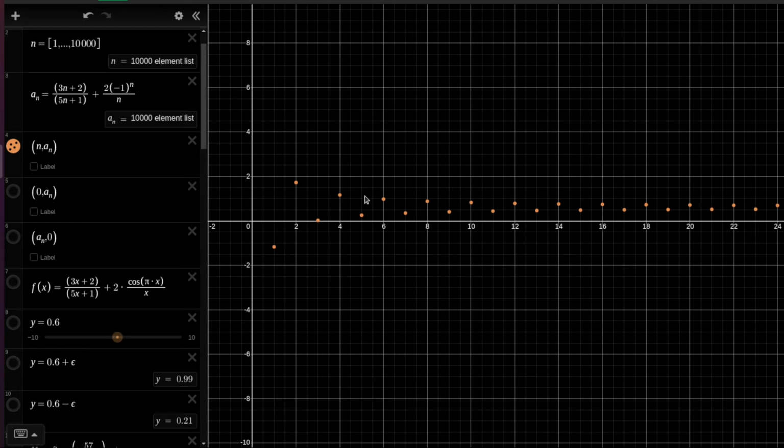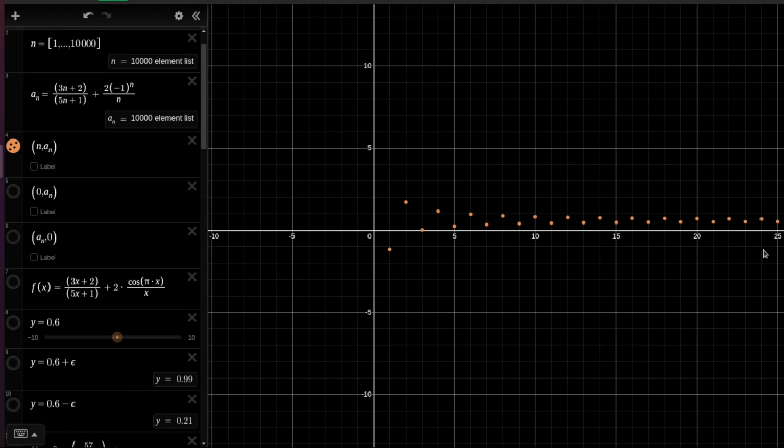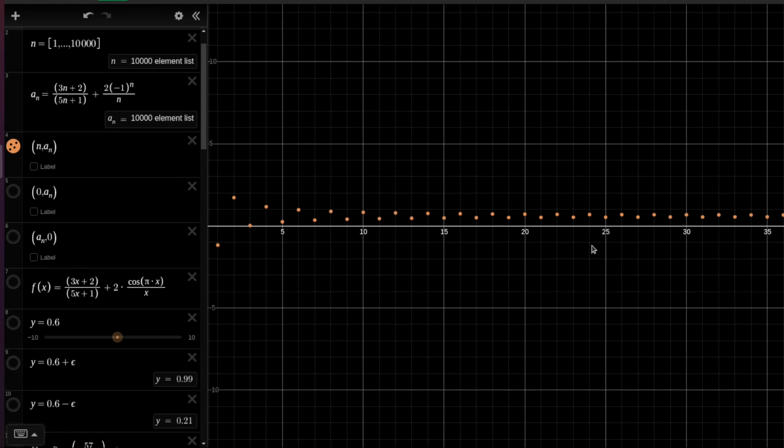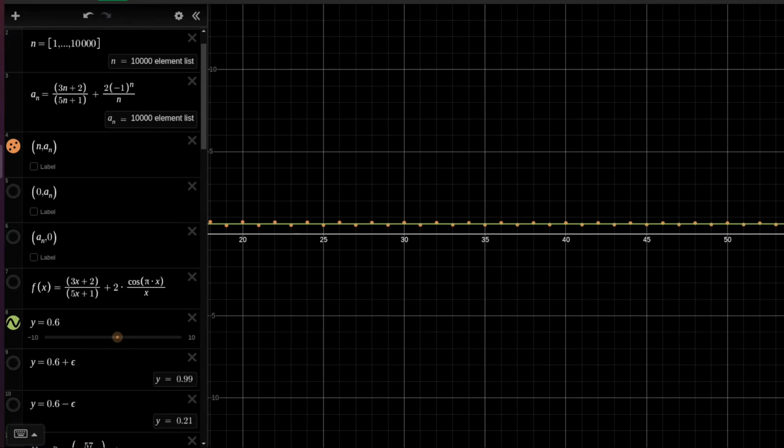It's convenient to think of it this way because, as we can see, if we zoom out a little bit, it's going to be harder and harder to see, but this sequence approaches some value. And the farther we go, the closer it seems to be to this value of 0.6. We'll prove that this is actually the limit. And the farther we go, we see that the closer the elements of the sequence become to this limit.